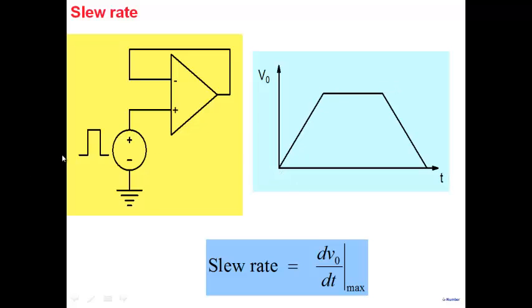This is a square wave, and the op-amp output goes like this. It linearly rises, reaches a steady state value, and then linearly falls. This phenomenon, we say that the op-amp is slewing to its final value, and the rate at which it rises is what we call the slew rate. dV0 by dt is the slew rate of the amplifier.